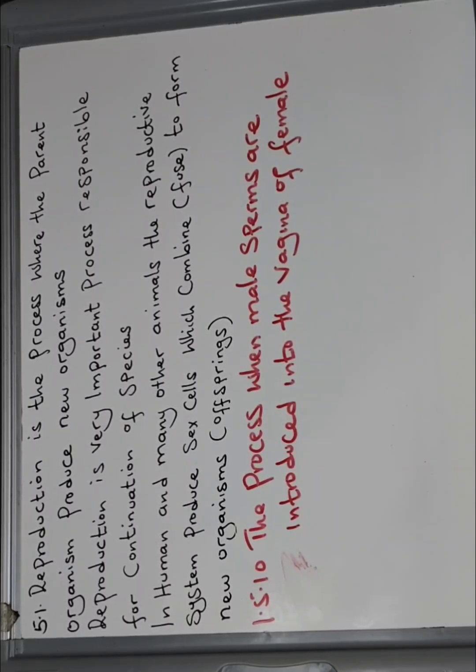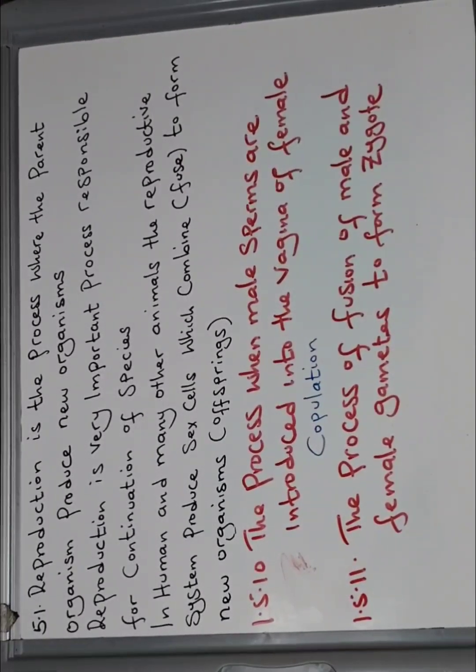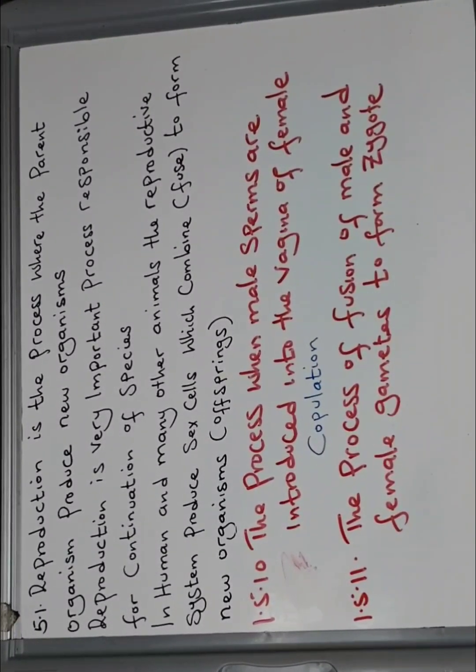We call it copulation. The process of fusion of male and the female gametes to form zygote. Zygote is the first cell formed after fusion. What's that process called? The process is called fertilization.